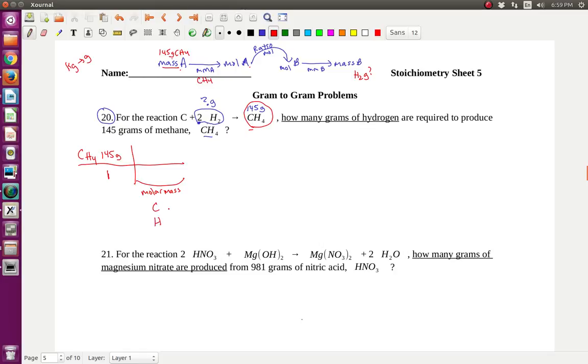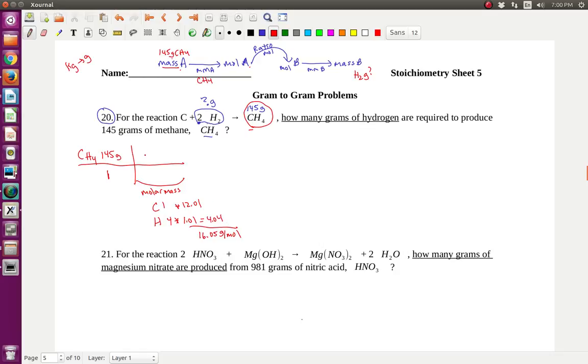C and H, 1 and 4, because there's 4 atoms in methane, 4 hydrogens. 1.01, 12.01, 4 times 1.01 is 4.04. So I add those together, and I get 16.05 grams per mole. All right, so that's the molar mass of methane.